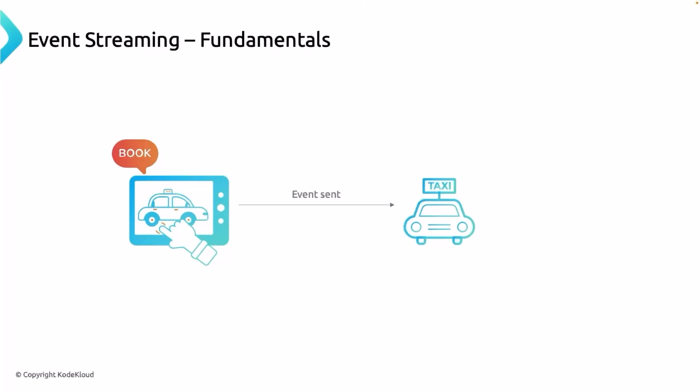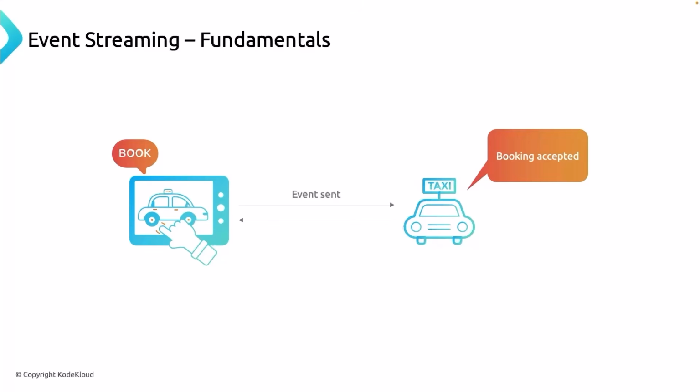Now, let us say that one of the taxis accepts your ride, then you get a notification saying that, hey, look, this taxi has accepted your ride, and it is, let's say, 5 minutes away and will be coming to pick you up in 5 minutes. So there are two events that are fired. One is the event that sent out the booking request, and the other was the event that gave you the confirmation of the booking of the taxi.